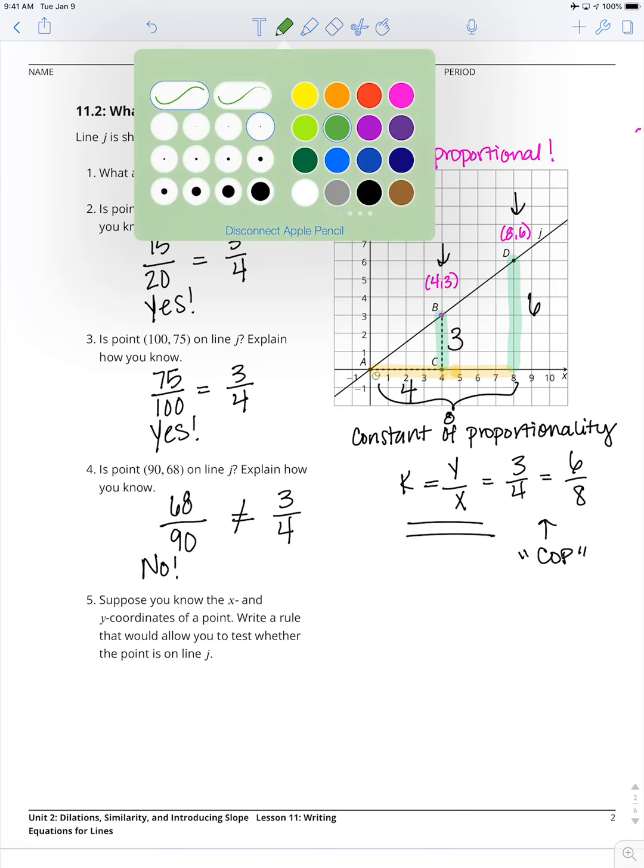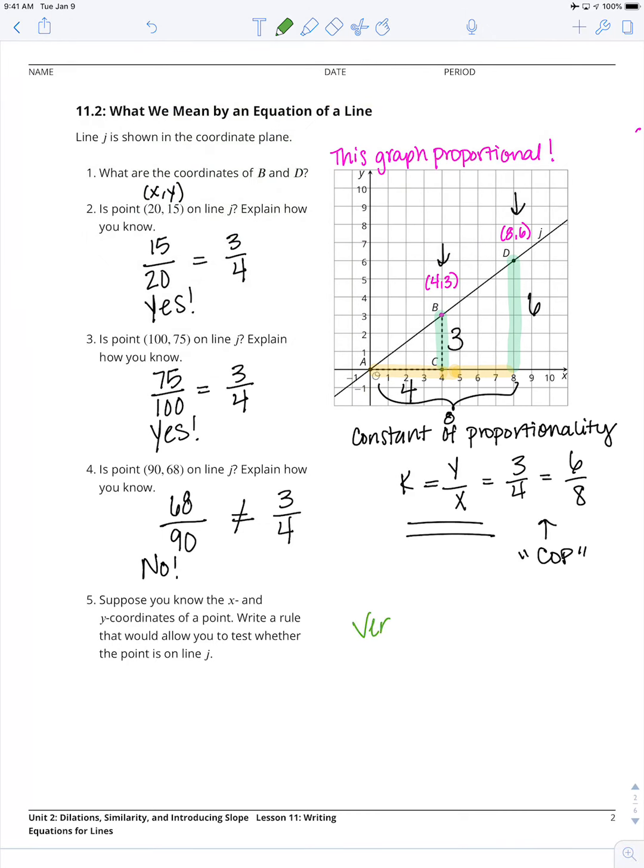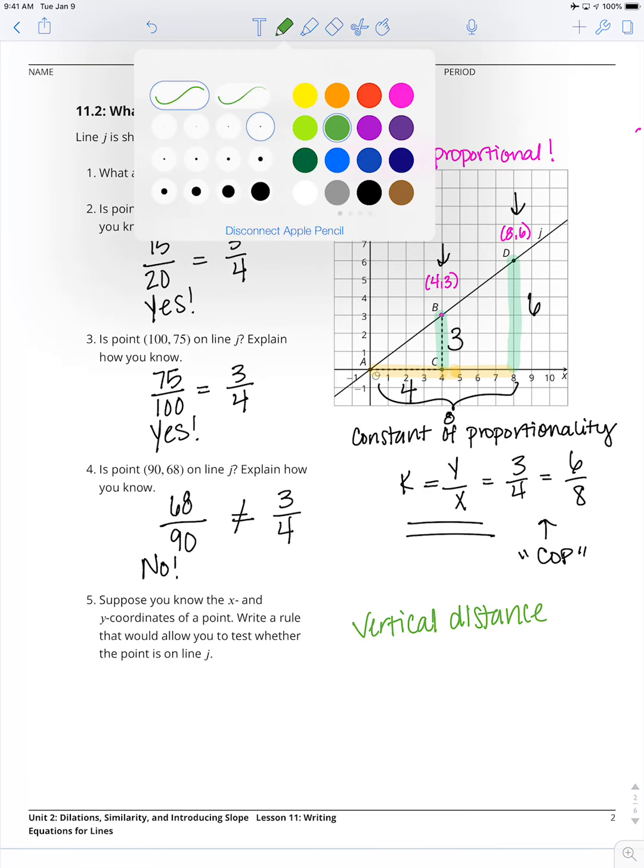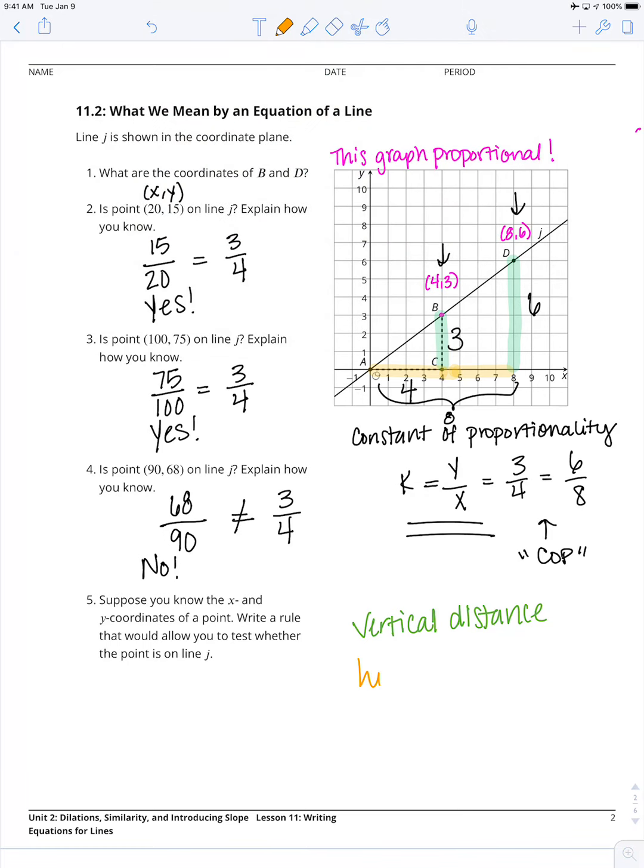I'm going to color code it. The vertical distance, or the vertical change, over the horizontal change represents the slope of the line. And all the points that lie on the line have to be equal to the same slope in order to make that decision or to determine it.